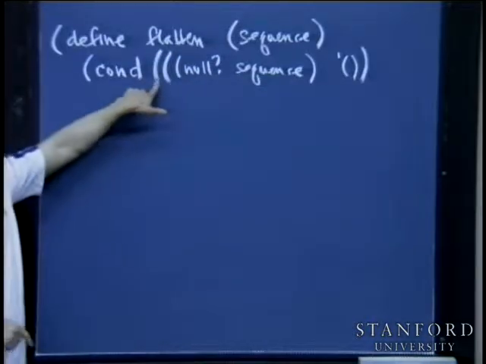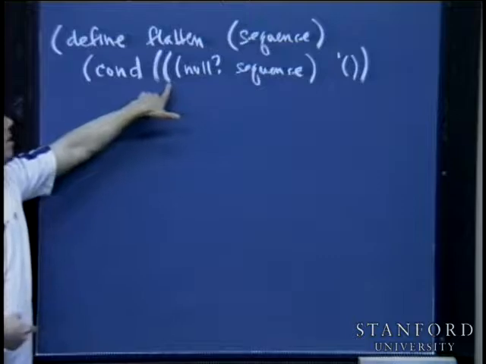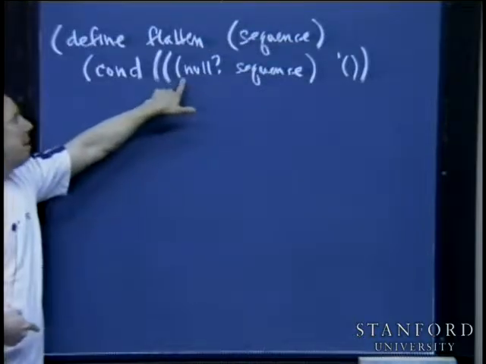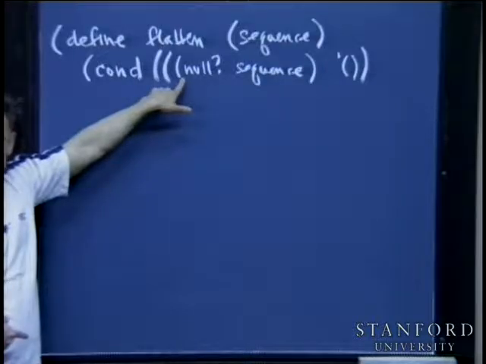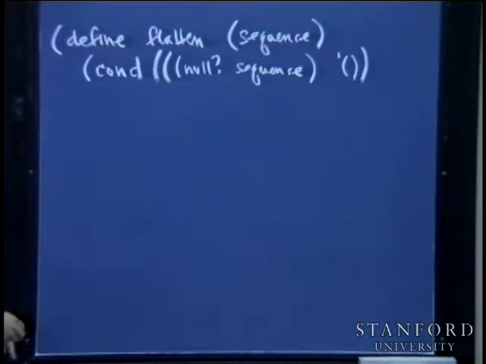So this opens up the list of pairs. This opens up the first pair. This happens to be associated with the test that's inside the pair. Okay? Does that make sense to people? Okay, it's just a lot of parentheses. It's easy to get just once you type it in. But the first thing I want to check for is whether or not the sequence is null. Okay? Make sense?